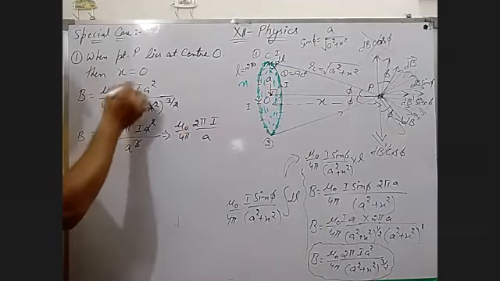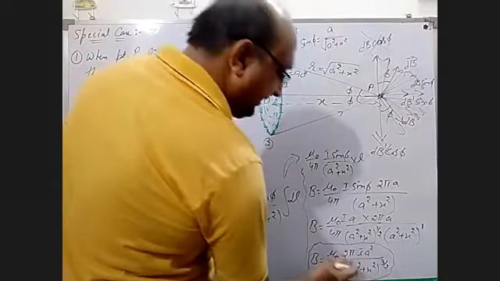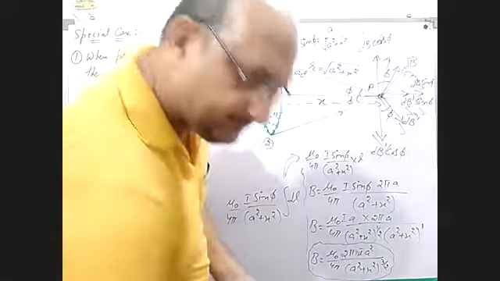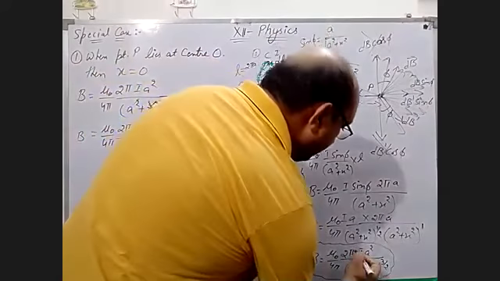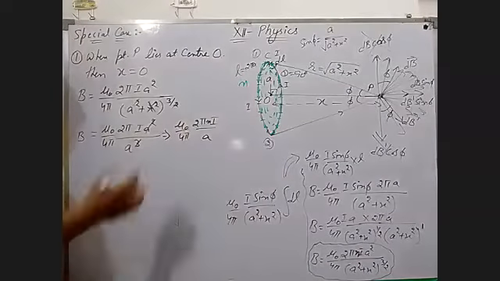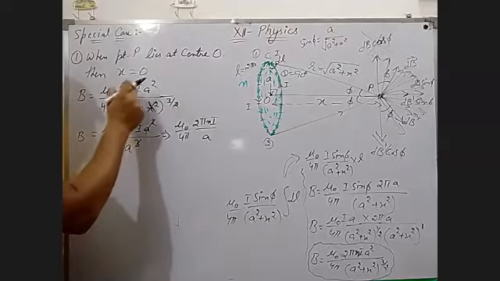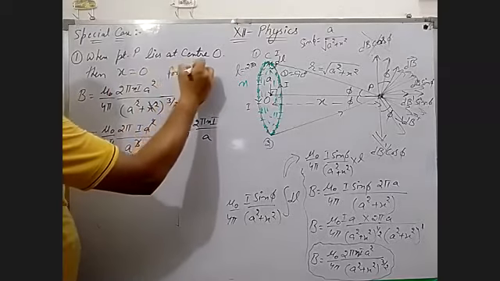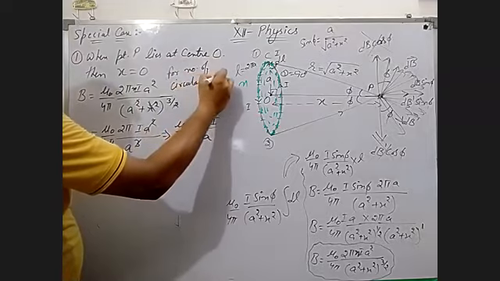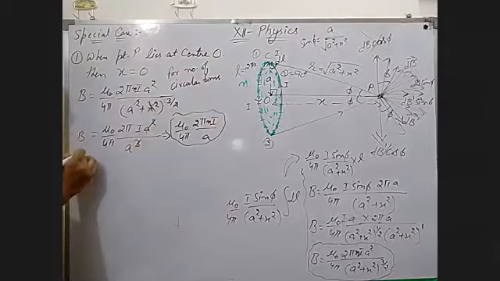This formula you can see here, multiply with n, small letter n. And in this also the formula becomes 2 pi n I, for the number of circular turns. Okay, now this is special case 1.